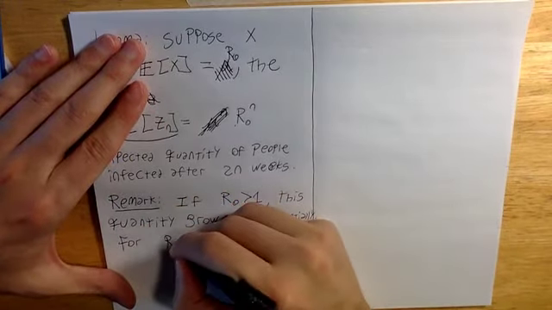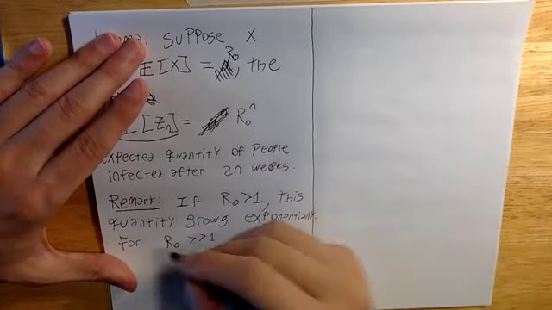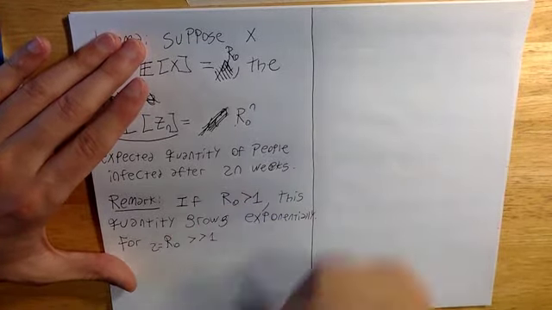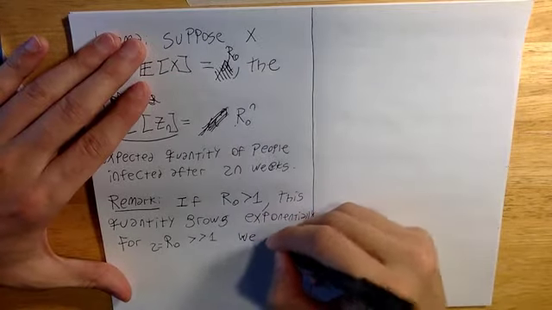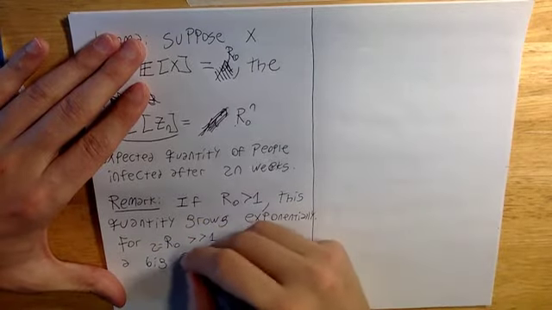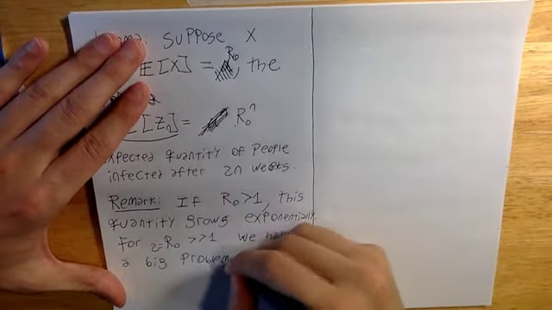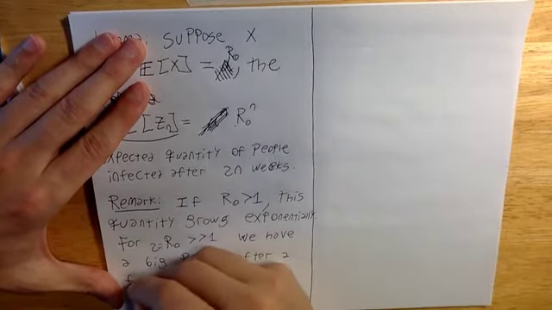For R0 much bigger than 1, something like 2 in this case, we would actually have a big problem after a couple of weeks, after a few months.